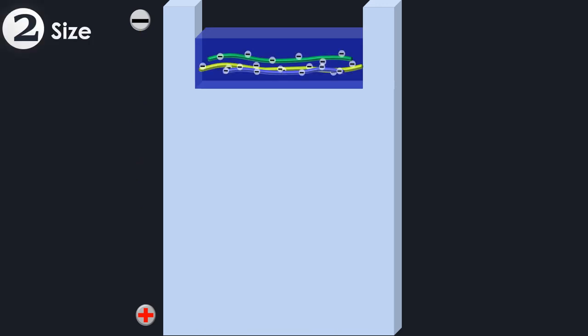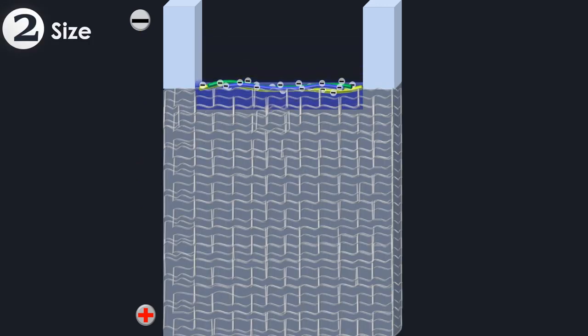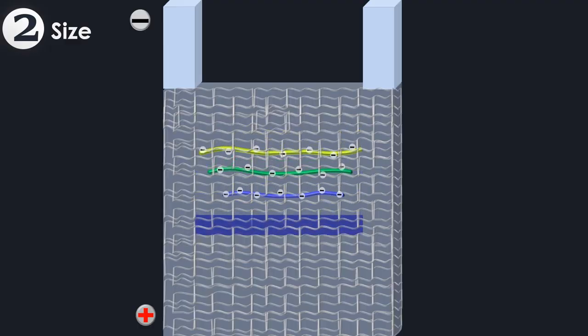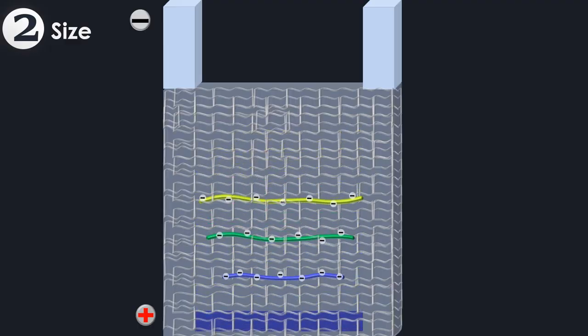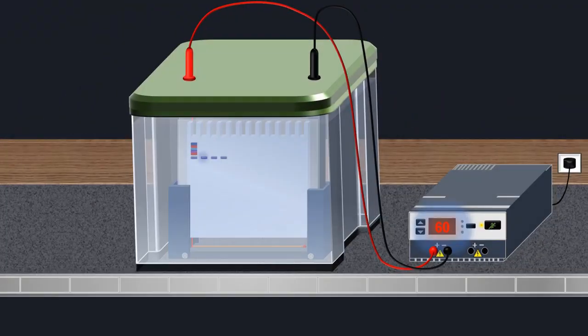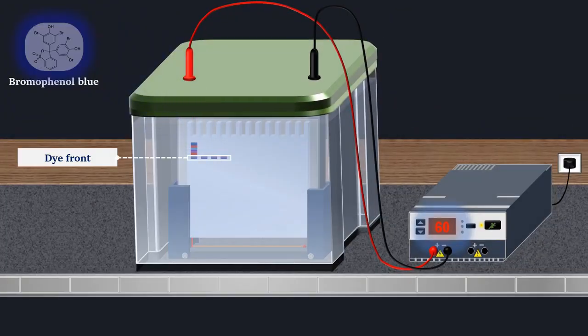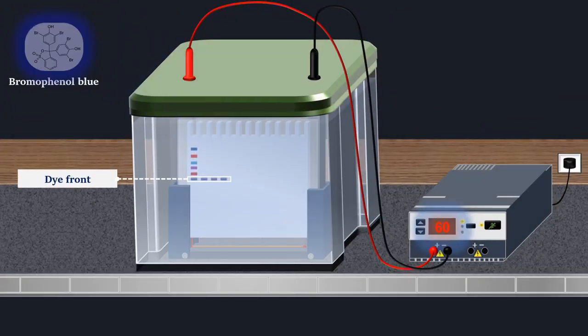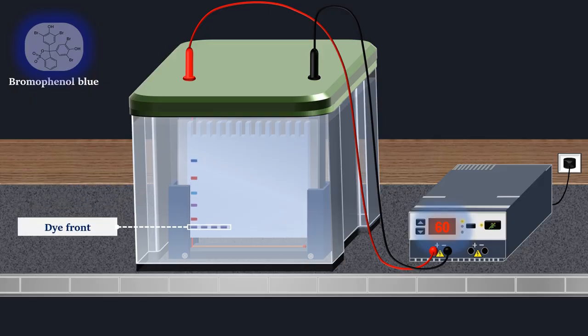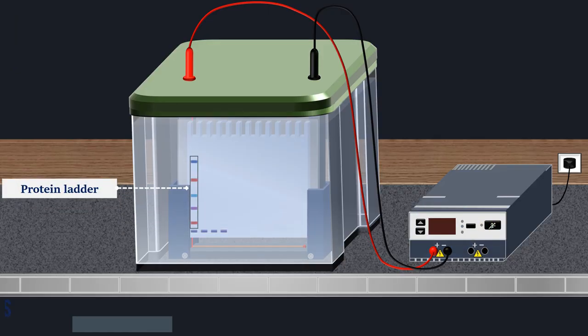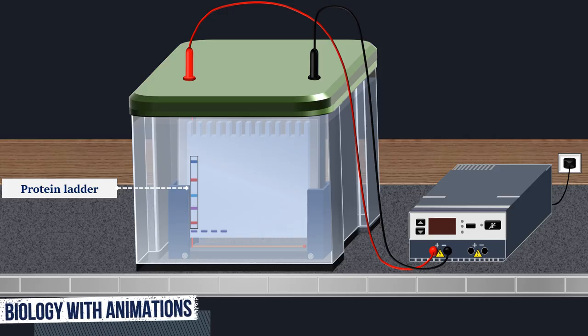Also, small proteins migrate relatively easily through the mesh of the gel, while larger proteins are more likely to be retained and thereby migrate more slowly. Due to the relatively small molecule size of bromophenol blue, it migrates faster than proteins. By optical control of the migrating colored band, the electrophoresis can be stopped before the samples have completely migrated through the gel and leave it.